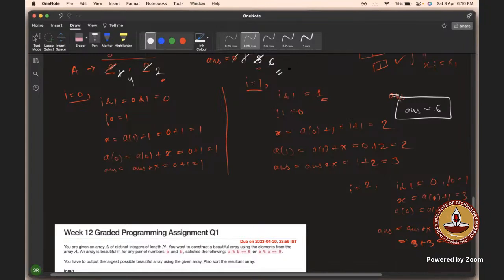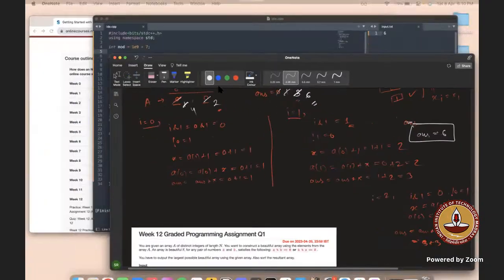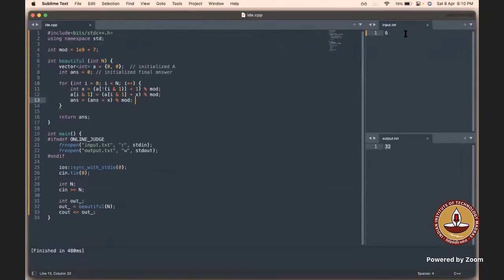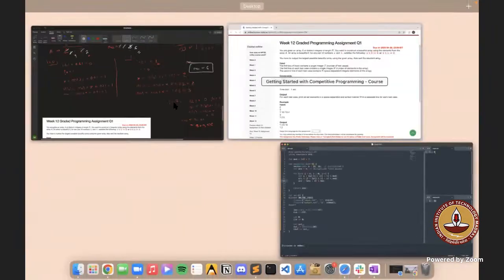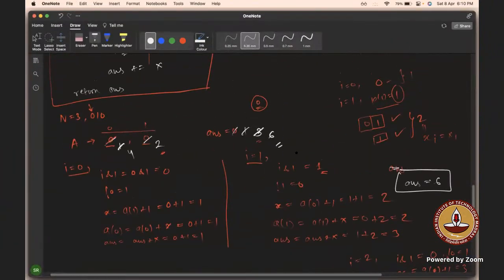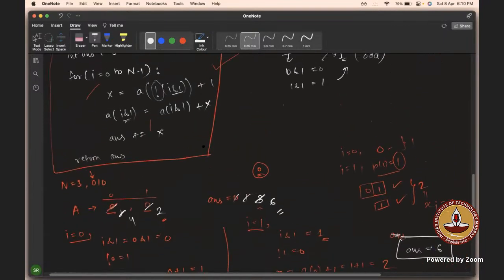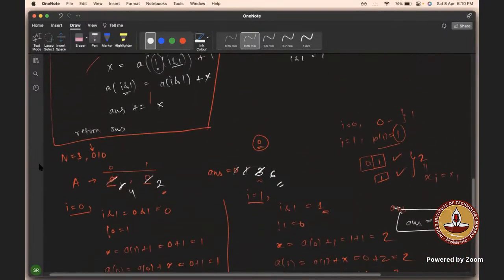You can dry run this code for other possible inputs also, like 6 or maybe 4, and check if it's working right. It will work right. Okay. I have shown you the dry run for n equals 3, right? So just do it similarly for others.